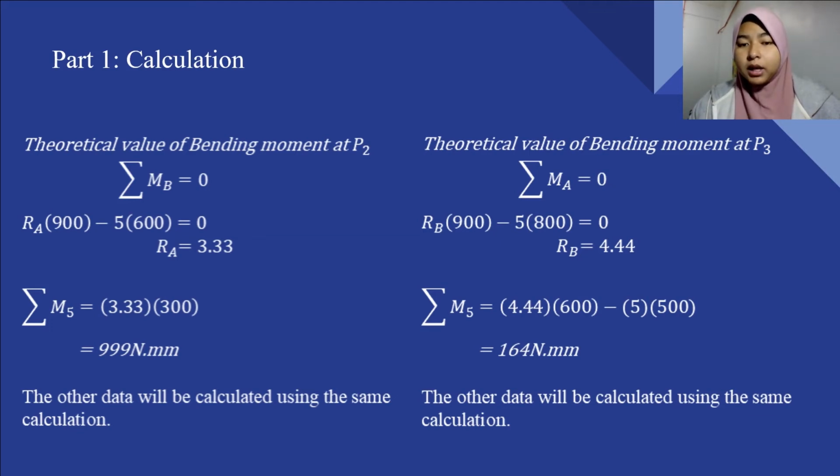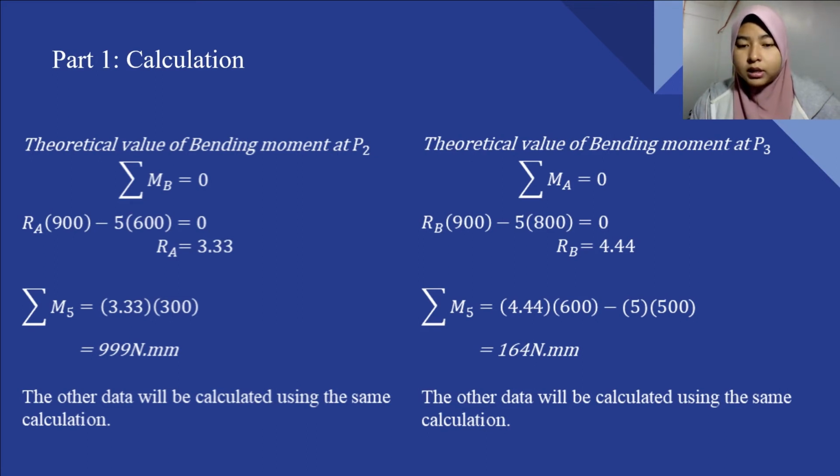So RB will be multiplied to the 900, which is the original length, minus the 5 Newton, which is the load that we use at the first data at P3, multiplied with 800, which is the original length minus the P3 distance, which is 100. So 900 minus 100, we get 800. So RB, we get 4.44 Newton.